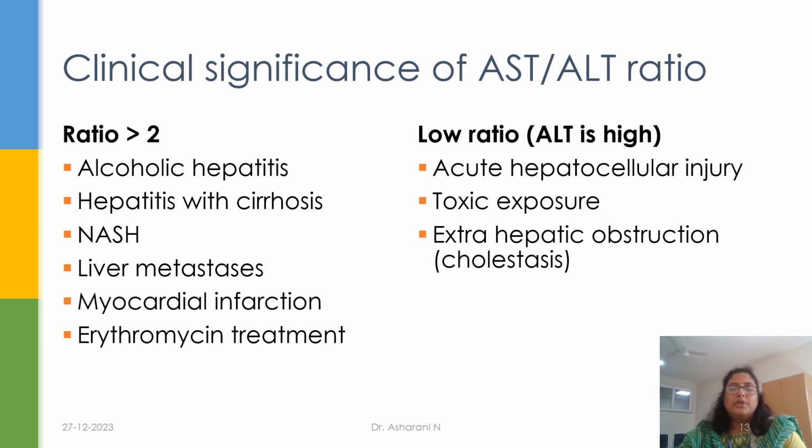A low ratio, in other words if ALT is very high, is a major indicator of acute hepatocellular injury, toxic exposure, and also obstruction, that is cholestasis.